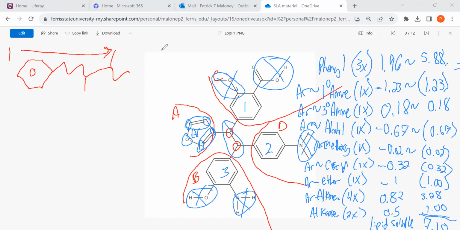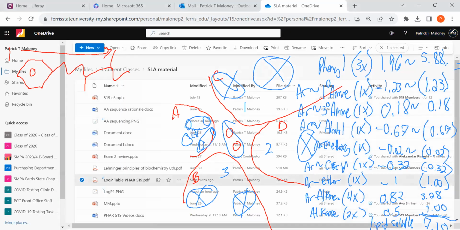I don't have any questions for Log P, but can you do estimation while we're at a structure? Sure thing. Let me pull up the table quick because I don't have estimation prepared.